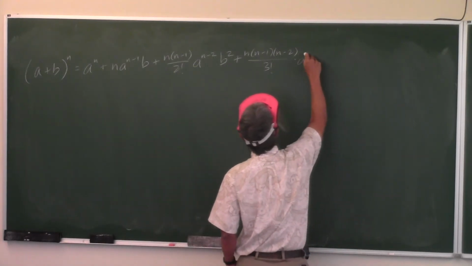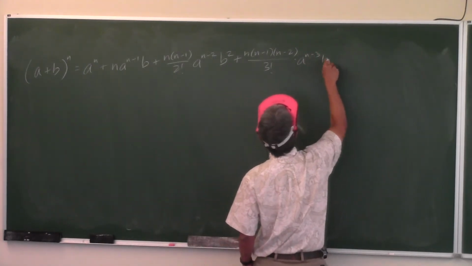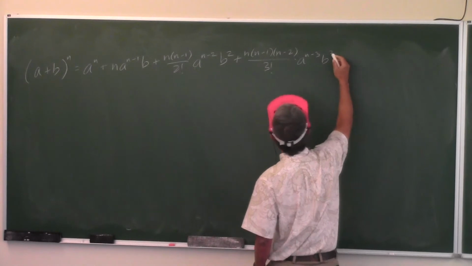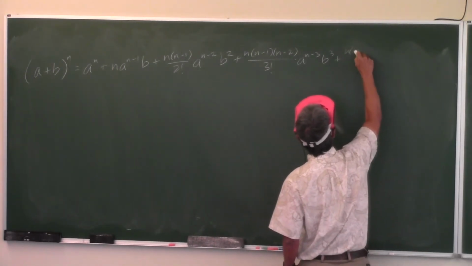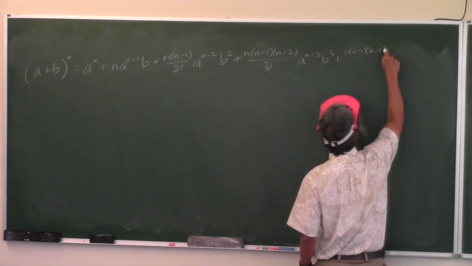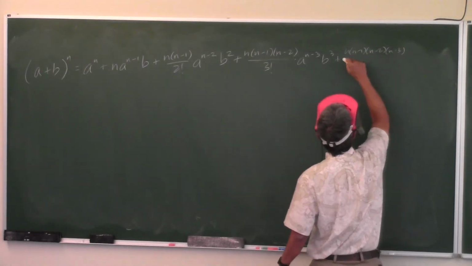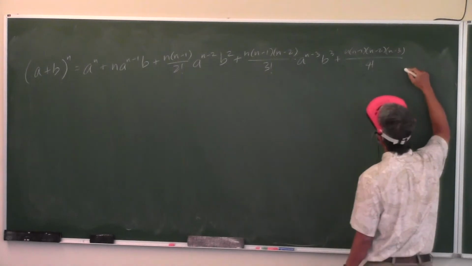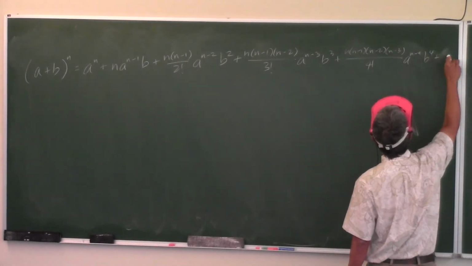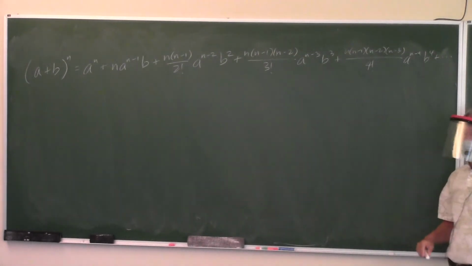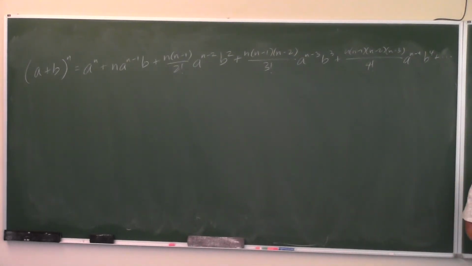Let's just do one more for funsies. n minus 1, n minus 2, n minus 3, all over 4 factorial. The power of a goes down by 1, the power of b goes up by 1. That's the binomial theorem. You guys ever heard that before? Really?